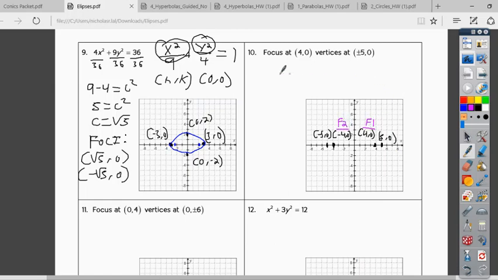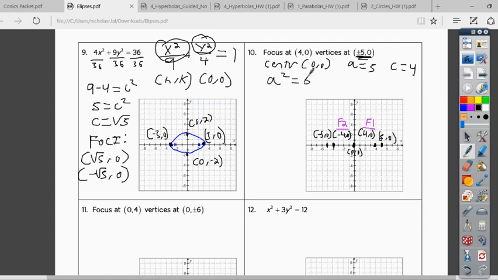Alright, now we need to find B. So C is 4. We have a center at 0, 0. And we know this because this is the average length between the vertices. A is equal to 5. C is equal to 4.